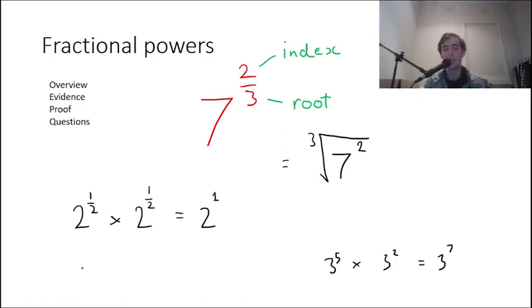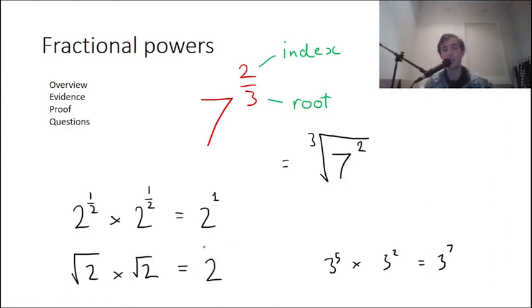Okay, and let's do the square root version. Square root of 2 times square root of 2. You'll remember hopefully from the last video that if I have two square roots that are the same multiplied together, that's just equal to the number inside the square root.